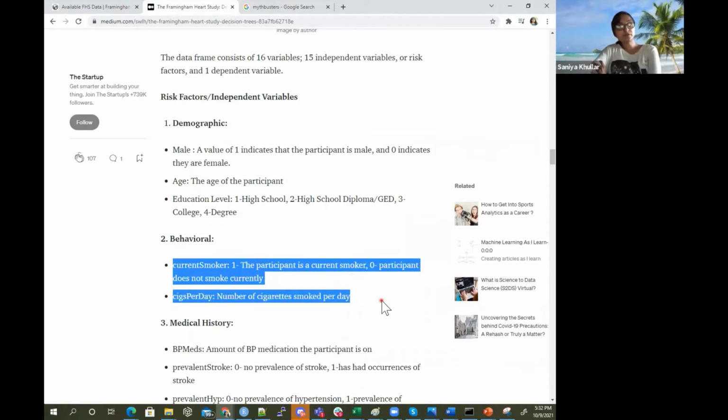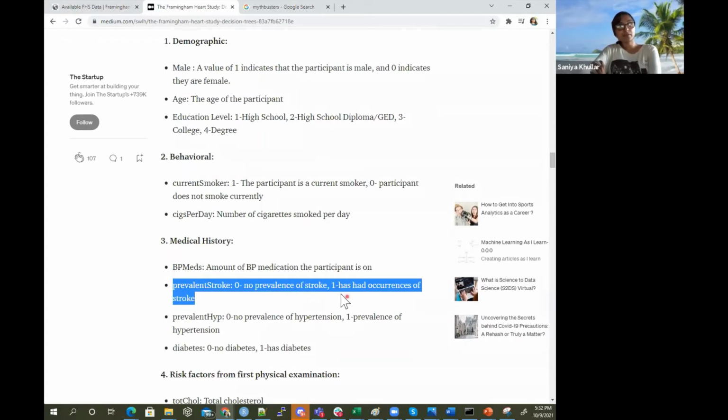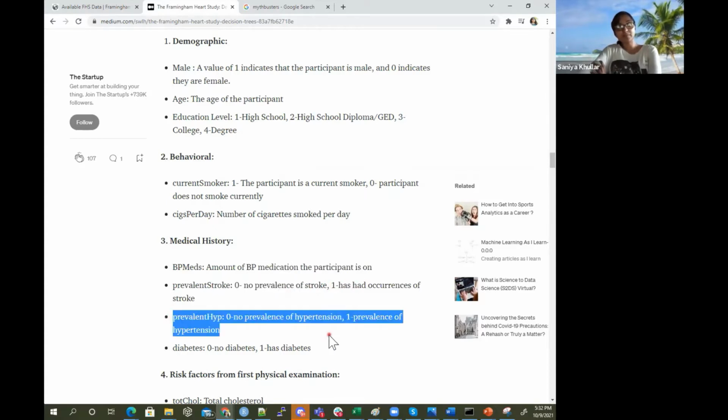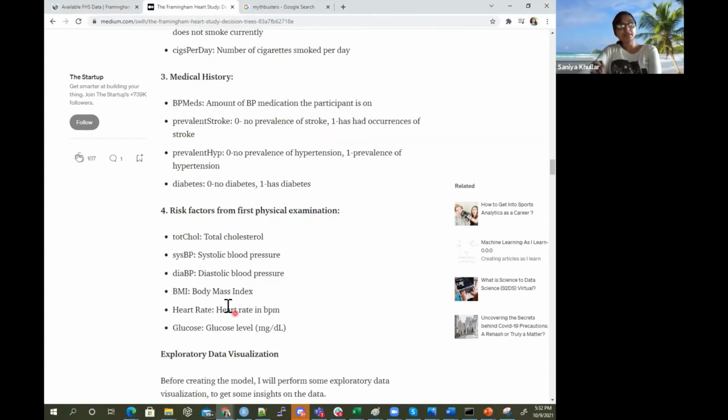Are you a current smoker, medical history, do you have a stroke or not? Prevalent hypertension, diabetes, total cholesterol. From the first physical examination, they have your total cholesterol, systolic blood pressure, diastolic blood pressure, body mass index, heart rate in beats per minute, glucose level.